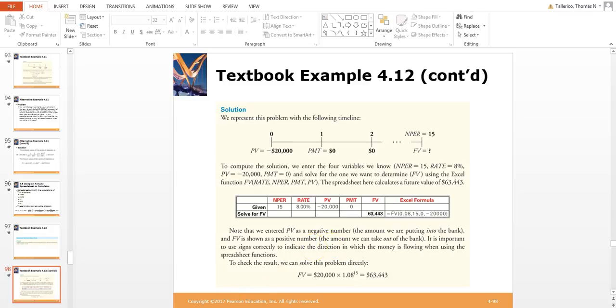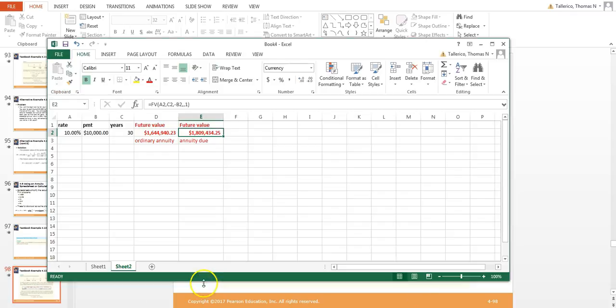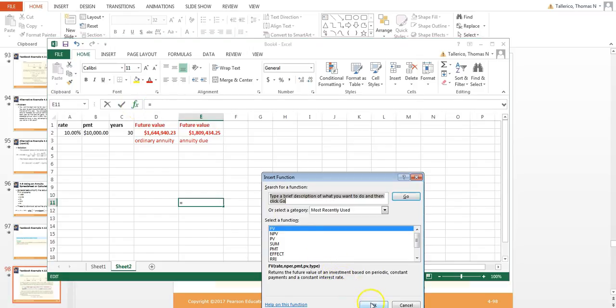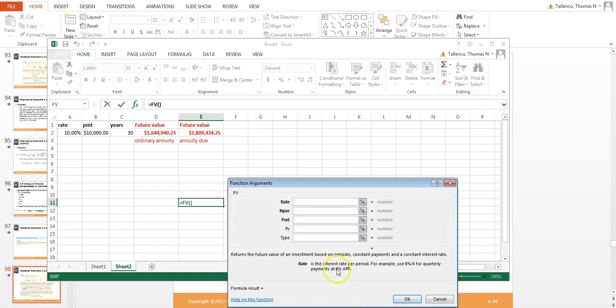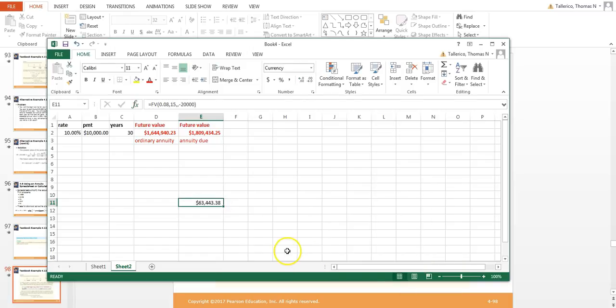And I'll take a shot at doing that right now. 15, 8, and minus 20,000. So let's go over to here. And there's future value, 8%, 15 years, and a present value of minus 20,000 gives you 63,000, and I'll say okay, and we get $63,443.38.